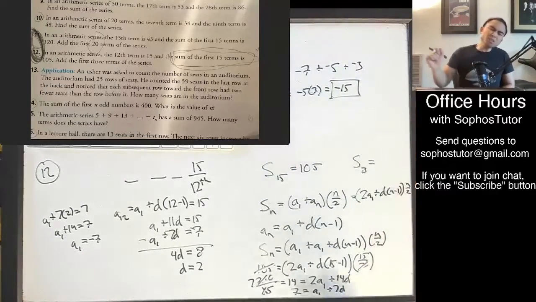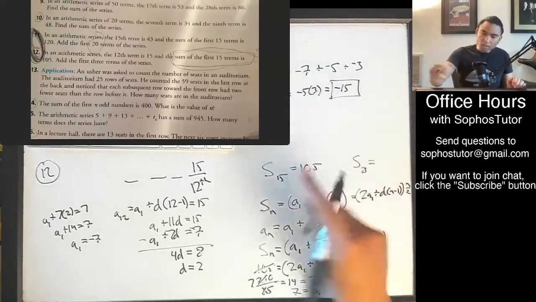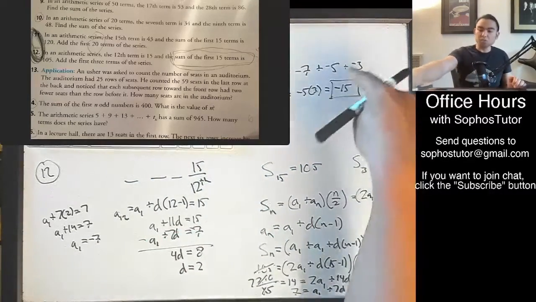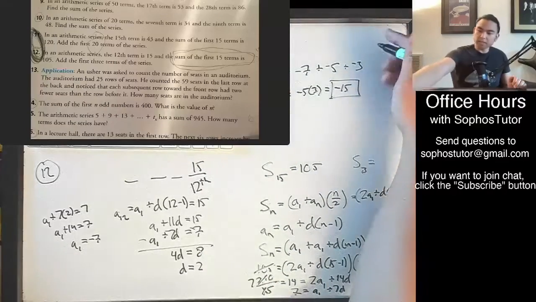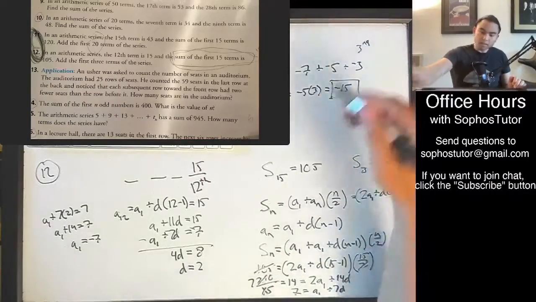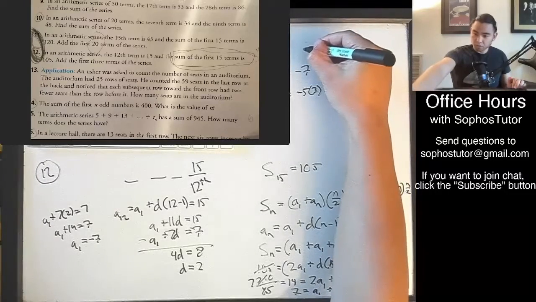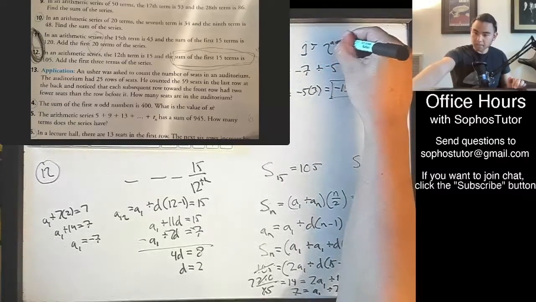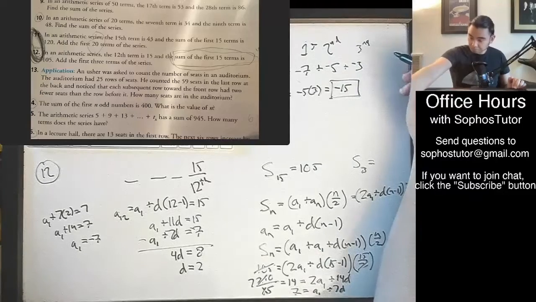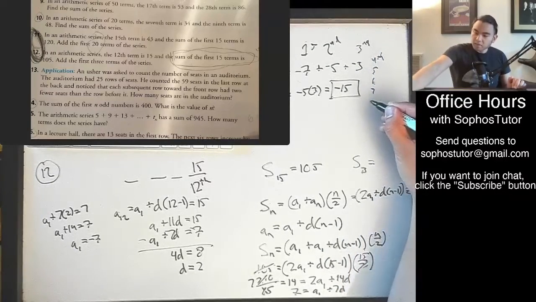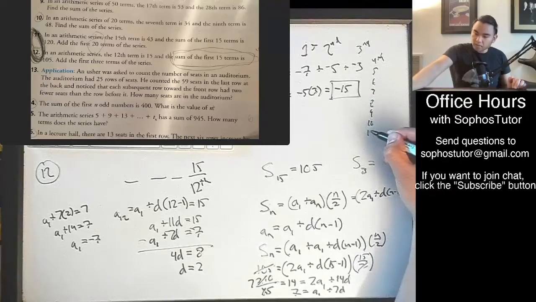Now, just to be certain, let's go ahead and actually count all the terms, because this is the third term, right? Let's go all the way up to the 12th term, and let's see what we get. So this is the first, this is the second, this is the third, okay? 4th, 5th, 6th, 7th, 8th, 9th, 10th, 11th, 12th.